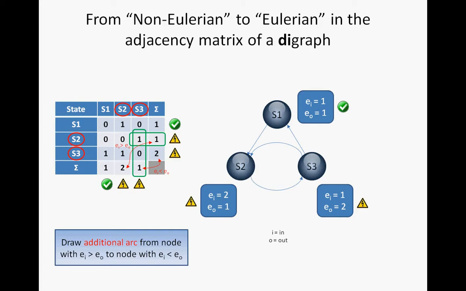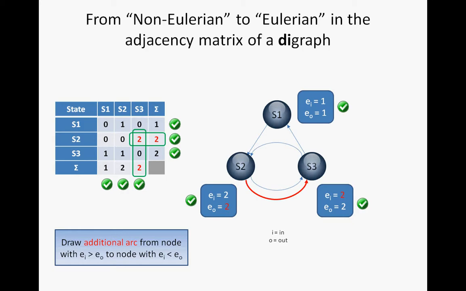When we do this and increase the number in the second row and in the third column by 1, we get one more edge, the additional edge between S2 and S3, and we see that all sums are now equal, which means that our digraph has become Eulerian.